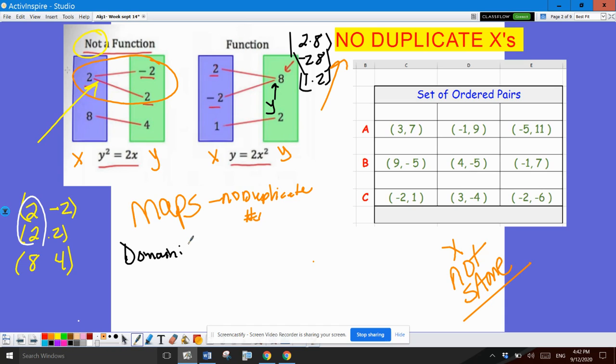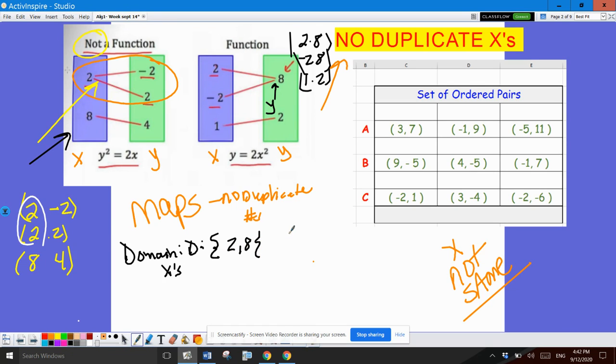Now remember, one thing we talked about yesterday was the domain. When we are looking at the domain, we have to write these fancy brackets, and those are the x's. We do not write duplicates and we put them in numeric order. So if I look at this set here, the domain would be 2 and 8.